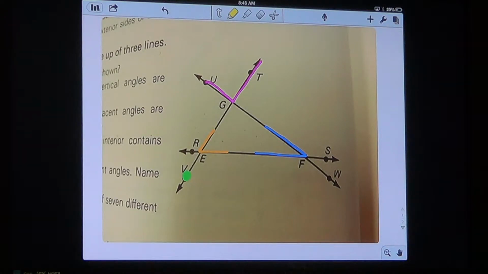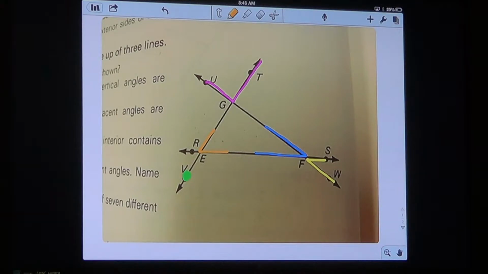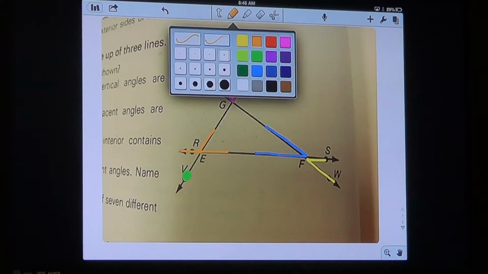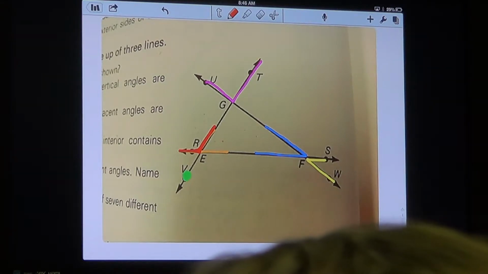Okay, SFW. SFW, yep. Wolfie? RET. RET. Yep. That's this angle. 1, 2, 3, 4, we're up to 5.